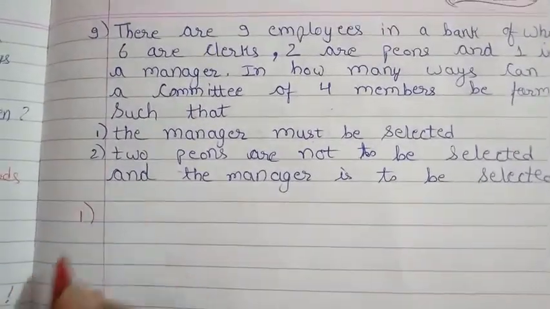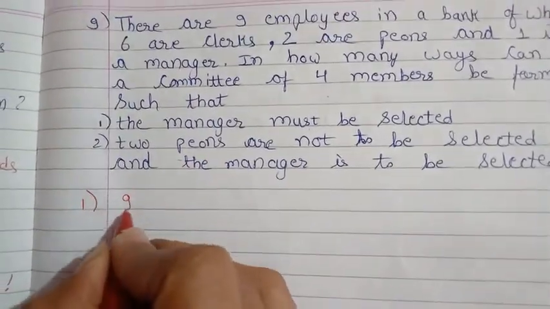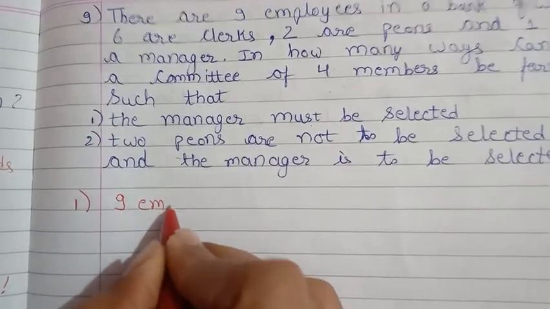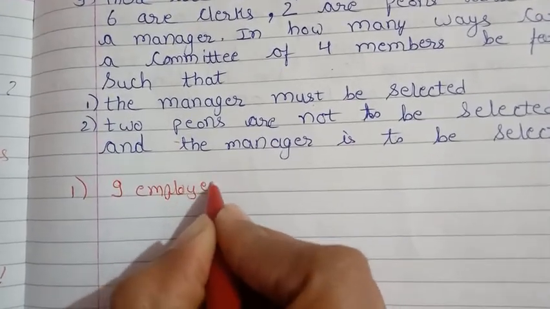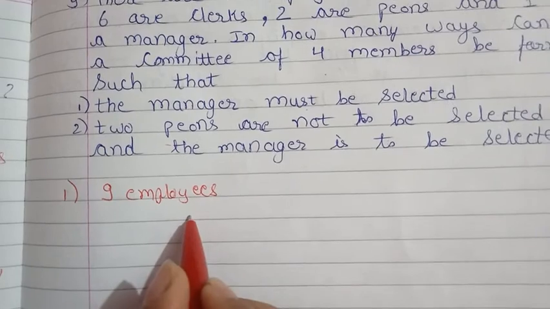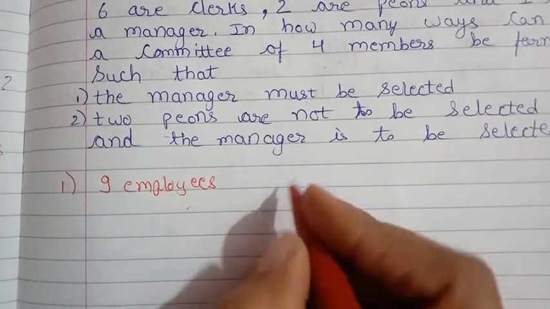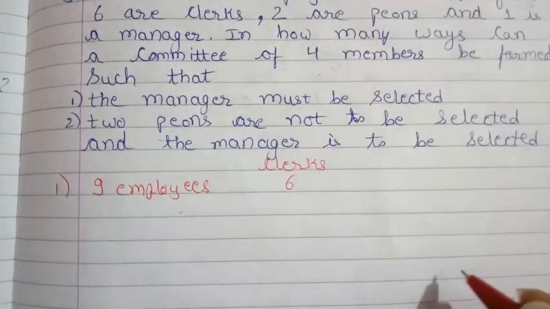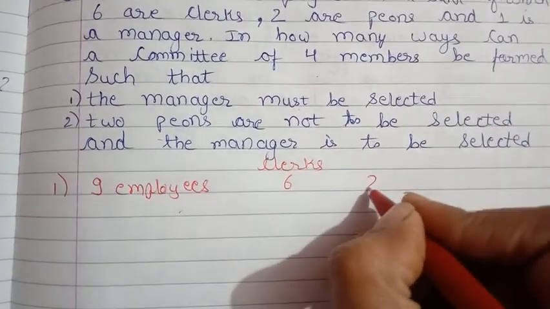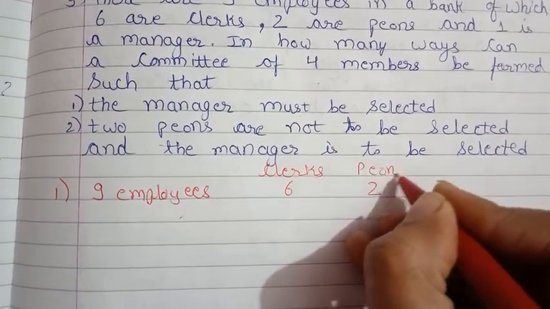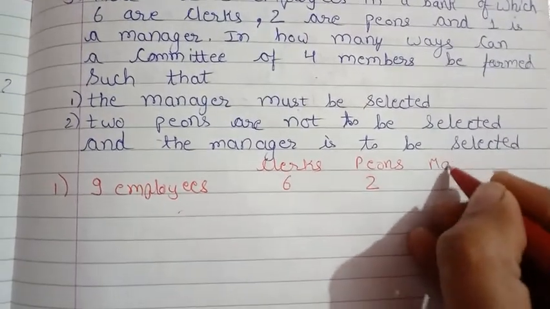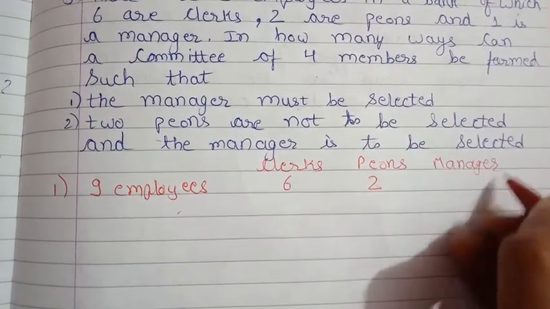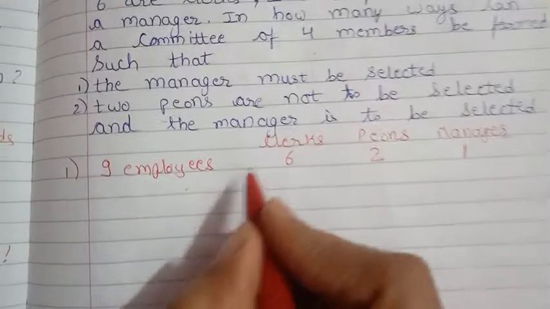First of all, what they have given: we have a total of 9 employees, right? From that, 6 are clerks, 2 peons, and 1 manager. This is the bifurcation.